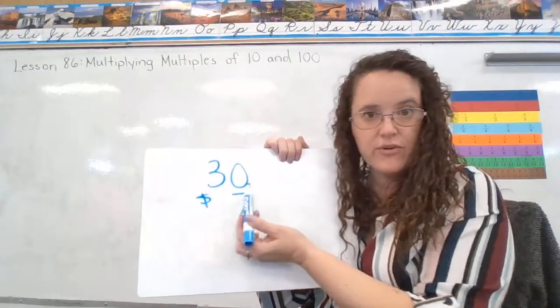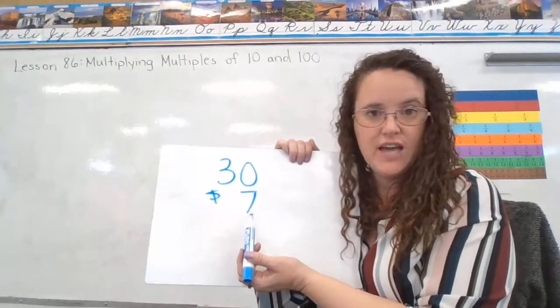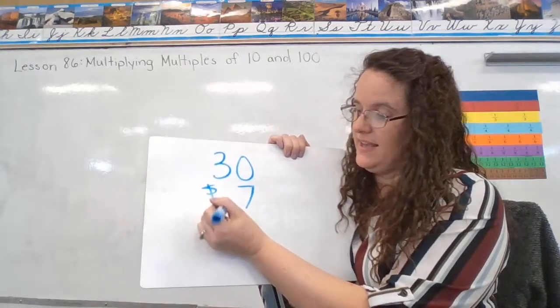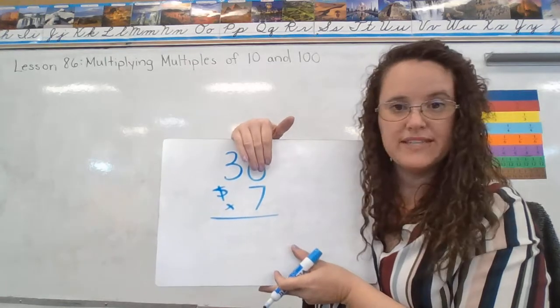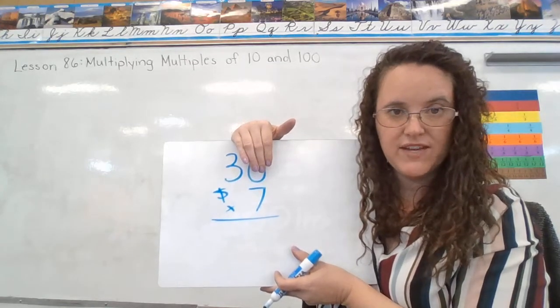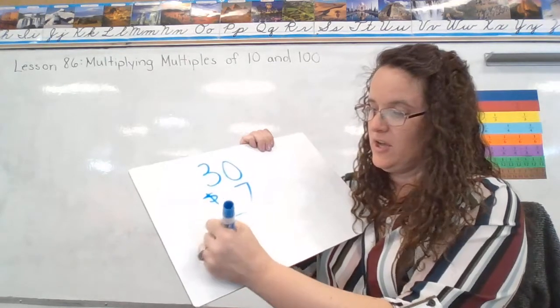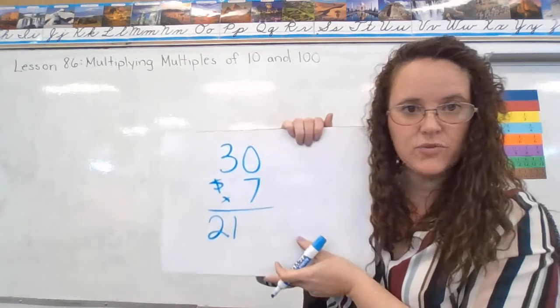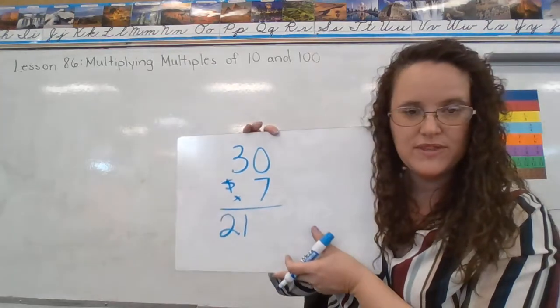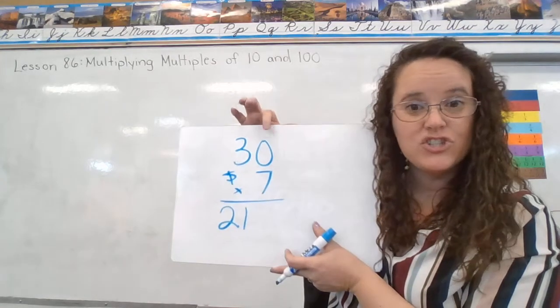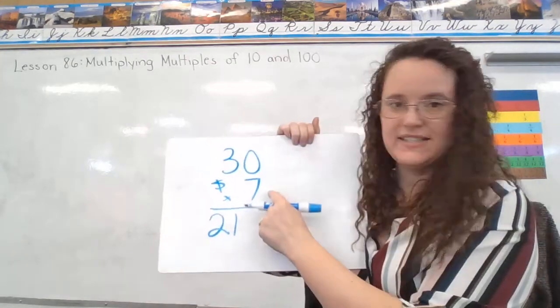So we've got 30 groups of $7 paddles. Again, it's a multiplication problem. Ignore the zero and say, what is 3 times 7? 21, Mrs. Duarte. Yes, 21 would be correct. How many zeros are in this problem? Just the one.